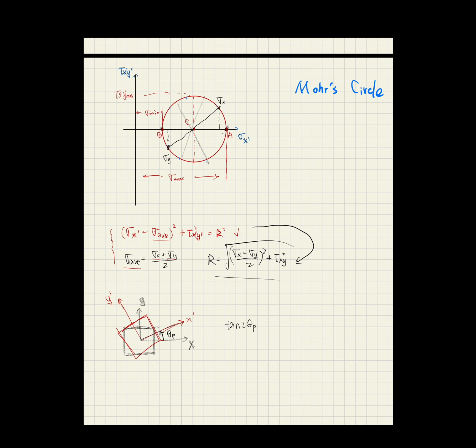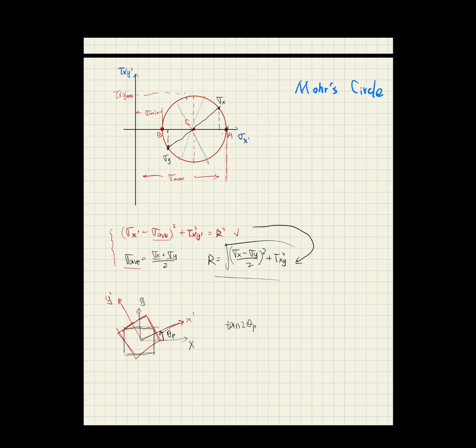Actually, on the circle it is quite clear that point A is the maximum value and point B is the minimum value, and for a certain cube, or a square in 2D cases, there must exist a point or an angle that corresponds to these maximum and minimum values.